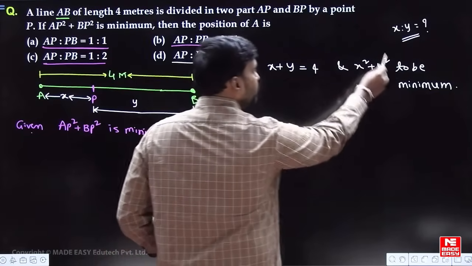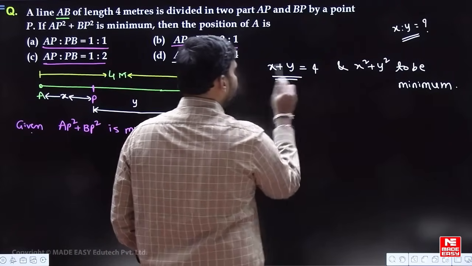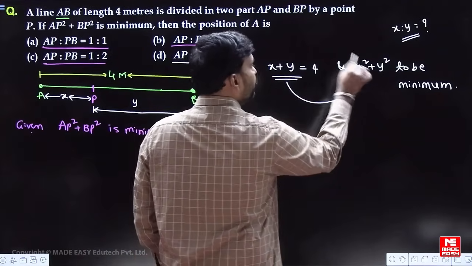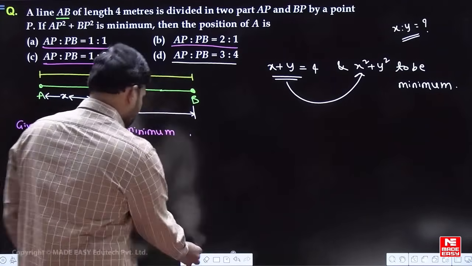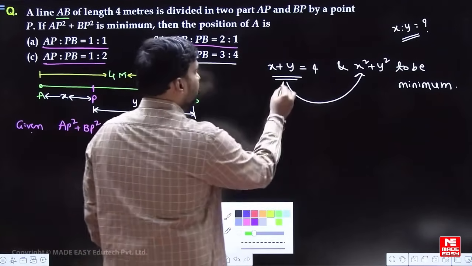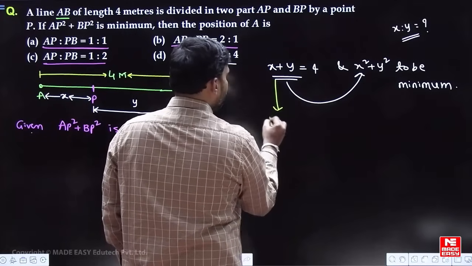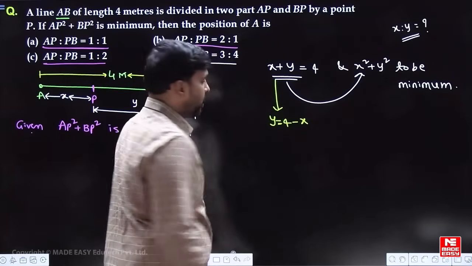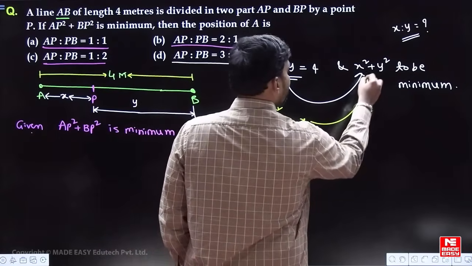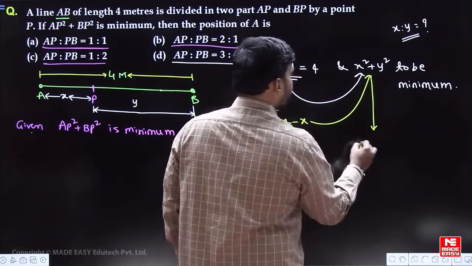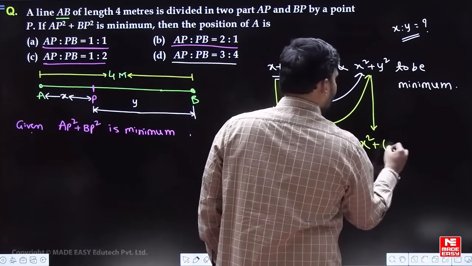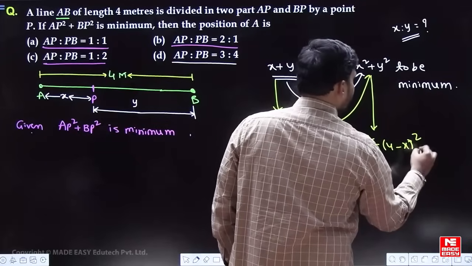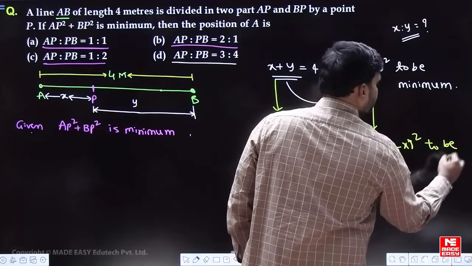अगर आप इसको minimize करना है with respect to this, so we have to use this condition in this function, right? So we can write Y is equal to 4 minus X, and if you put that in, it gives X square plus 4 minus X whole square to be minimum.